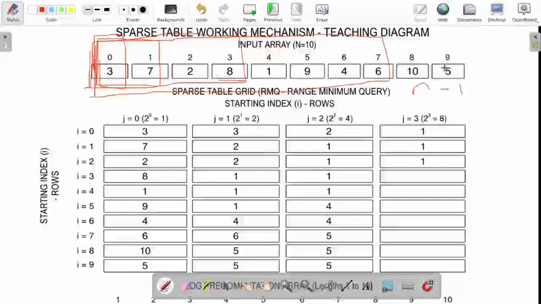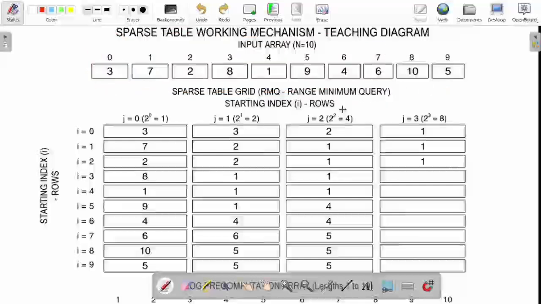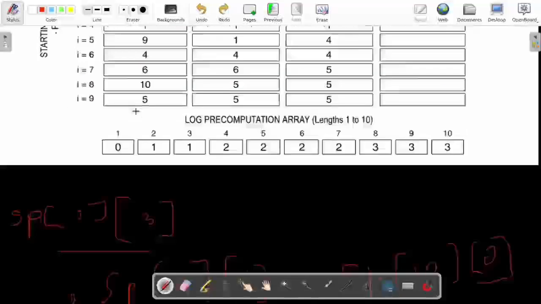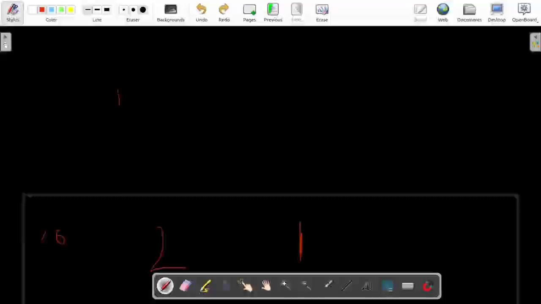That is, n is 9, and 9 minus 3 is 7: 1, 2, 3, 4, 5, 6, 7. From each index, you have a segment of length n minus i. Let's say I call it capital L.